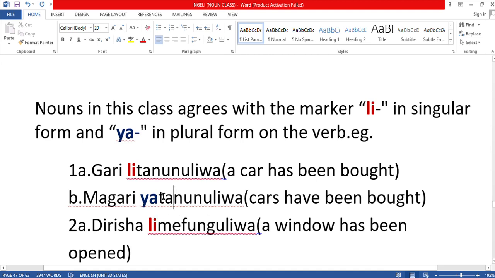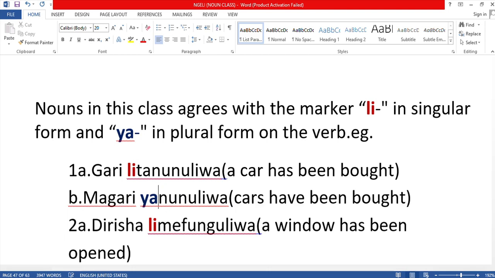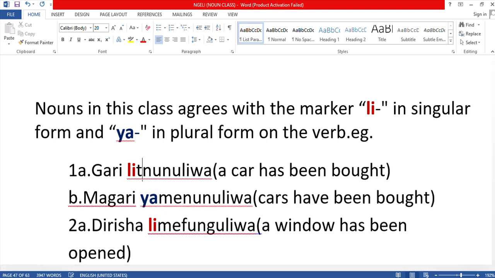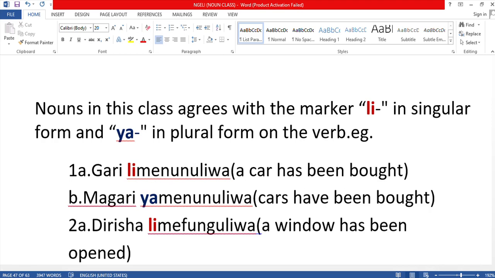So this ta is a prefix for future tense, so don't forget. But according to our translation, we use this me, so the tense here is me.